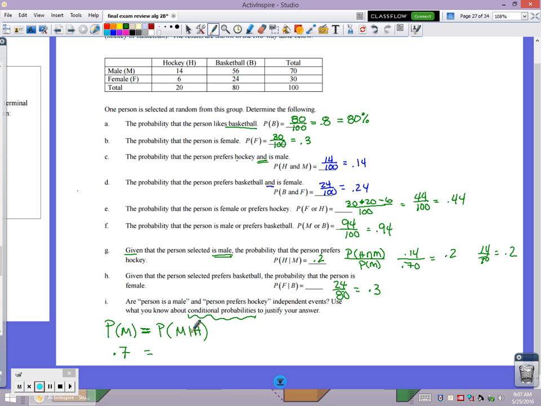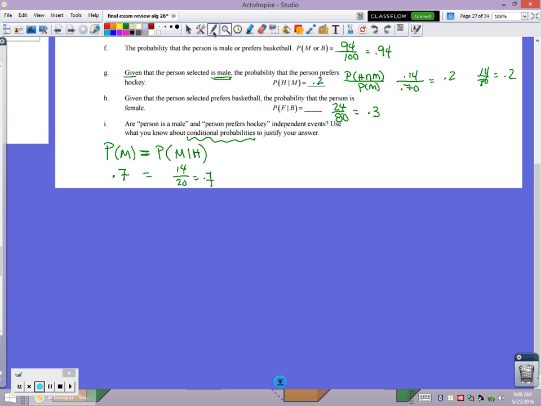Did we do that here? Male given hockey? Nope. Given hockey, we're going to divide by that total hockey. So given that they like hockey, out of 20, what's the probability they're male? 14 out of 20. Let's check this, 14 out of 20, and see what that becomes. 14 out of 20 simplifies to 7/10 or 0.7. Are these two equal? Yes, they are. Because they are equal, this is our conditional probability.